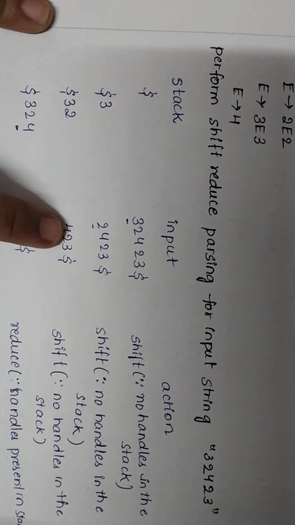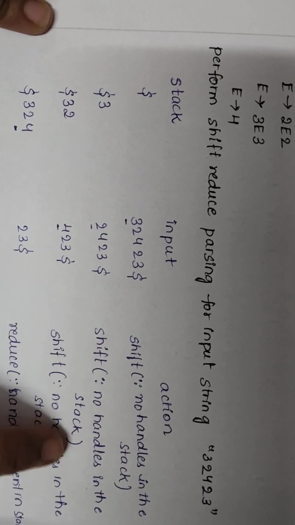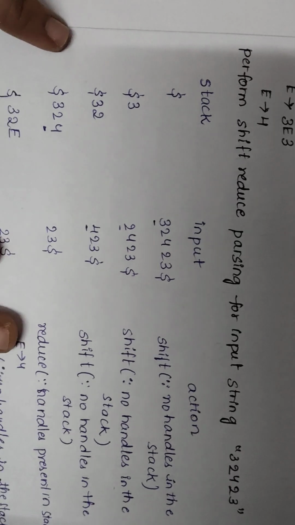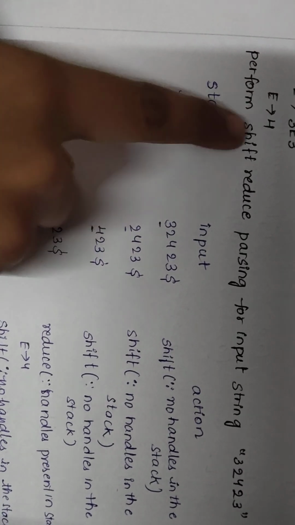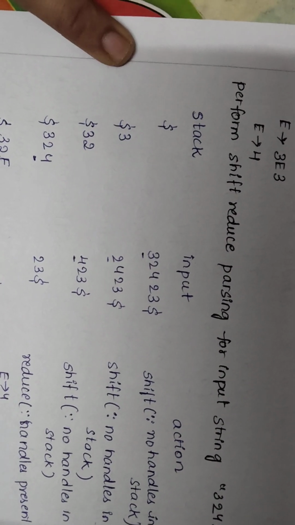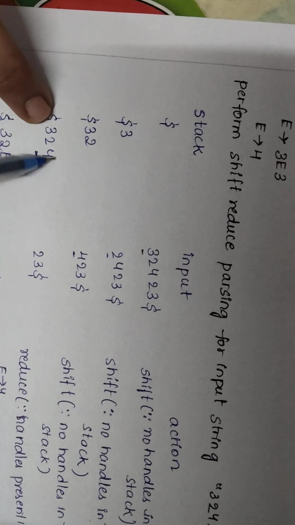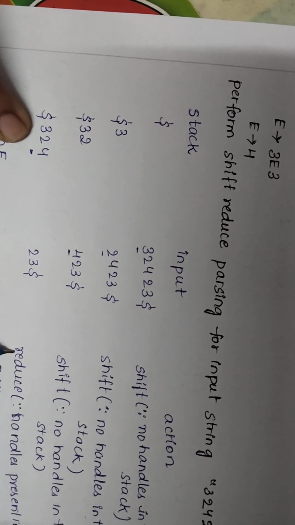Next, we need to shift the 4 since no handles. Okay, next, now see, we have 4 in the stack. In the right side of the grammar we have 4. In this stack we have the right side element, so we need to perform reduce.